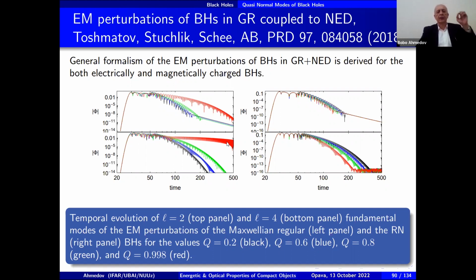So the electromagnetic perturbation will continue for a very long time without any decay if we have a regular black hole with nonlinear electrodynamics. Which is very good if we observe some electromagnetic counterparts, and the frequencies of these oscillations and the decay time can give us information about the source of the black hole.